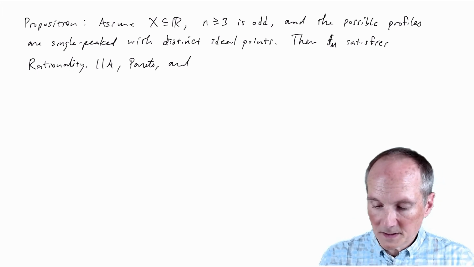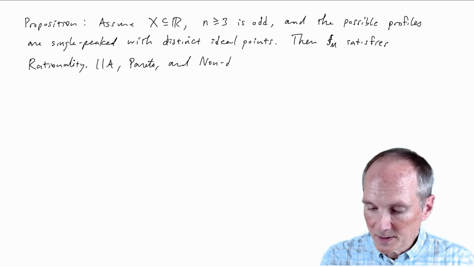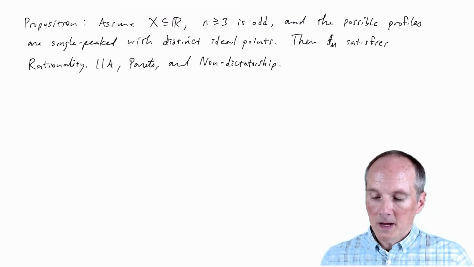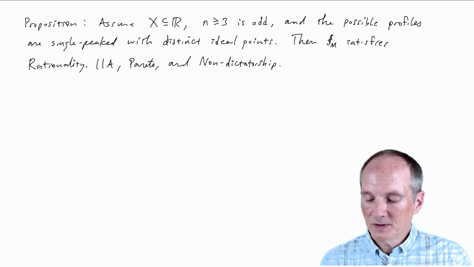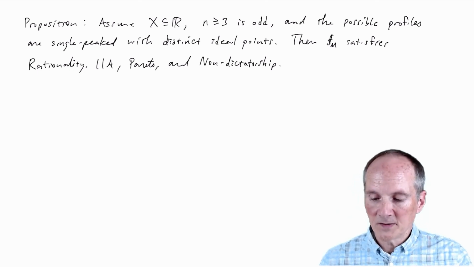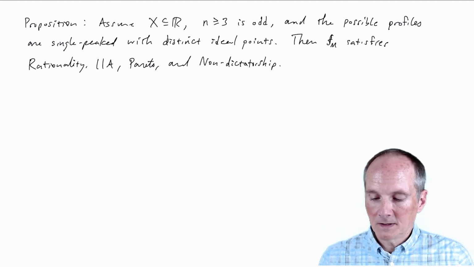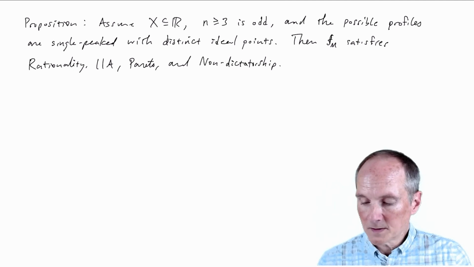And it doesn't make any individual a dictator, and so it satisfies this non-dictatorship axiom. Okay, so it's basically the same escape route as before, but it's done with a bigger domain of preferences. We don't really need the Euclidean assumption. Single-peakedness is enough for us to make this argument.